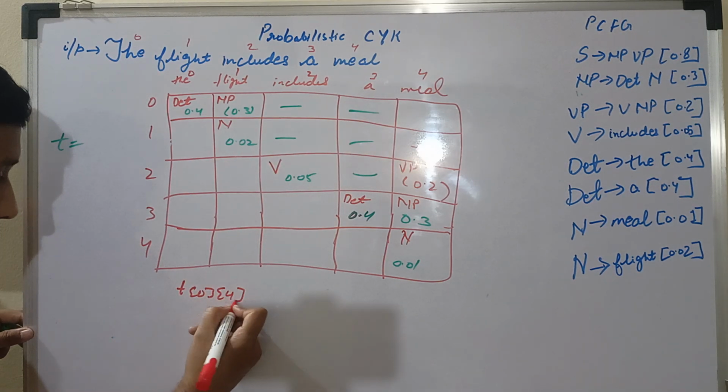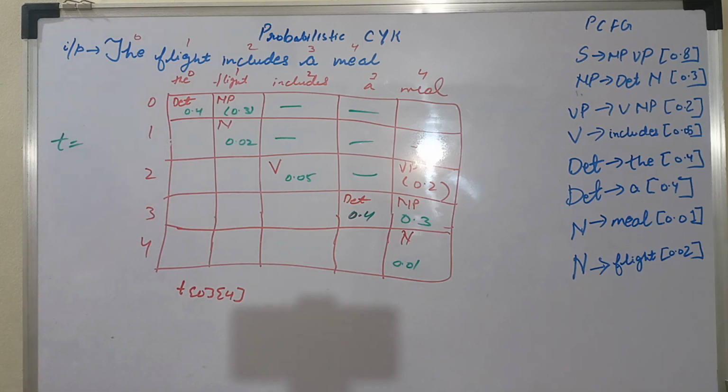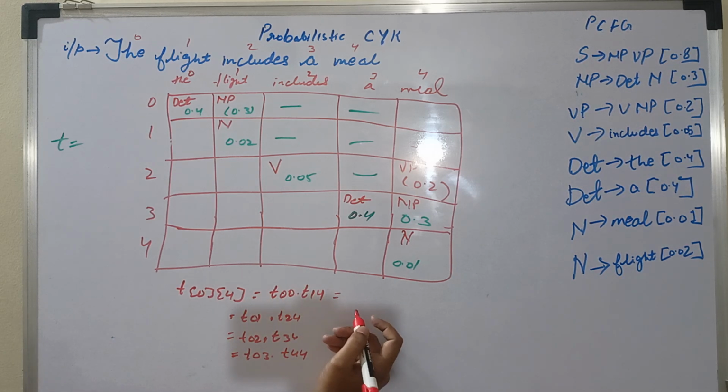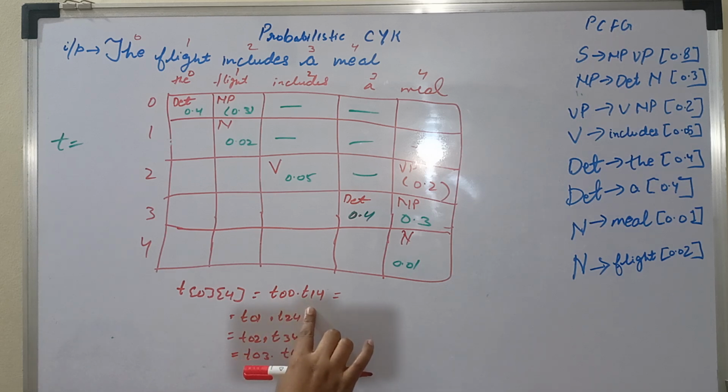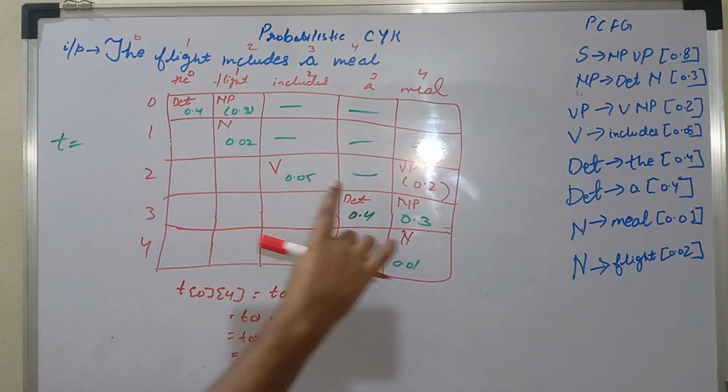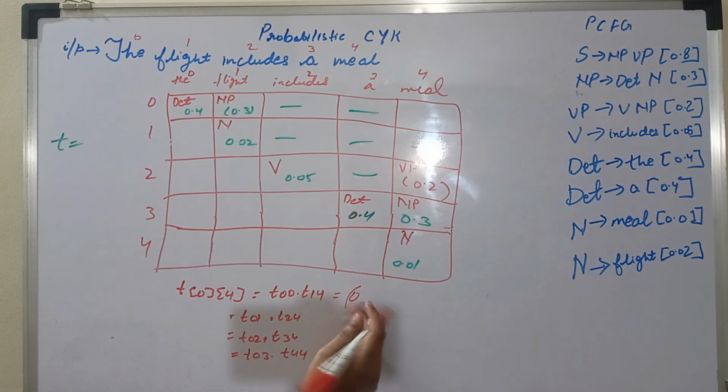Then we calculate finally T04. For T04 we will split it into T00 and T14, or T01 and T24, or T02 and T34, or T03 and T44. So these are the four possible combinations that we will calculate. T00 into T14, that is det into 5, so that becomes 5 or null.